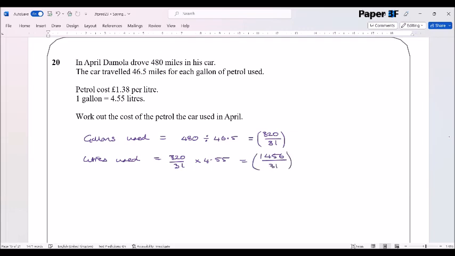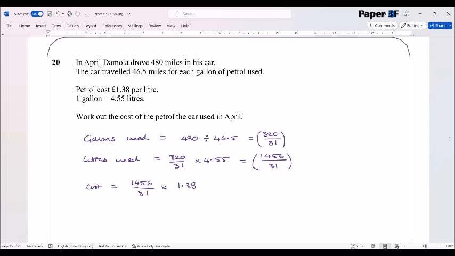But if that's the number of litres used, we've now just got to multiply that by 1.38. So the cost will equal 1,456 over 31 times by our £1.38. And that comes out as £64.82.